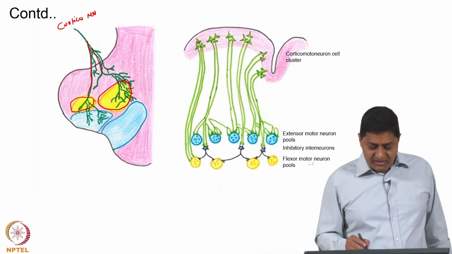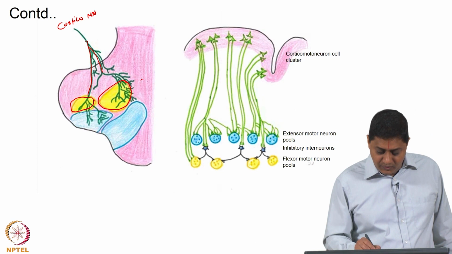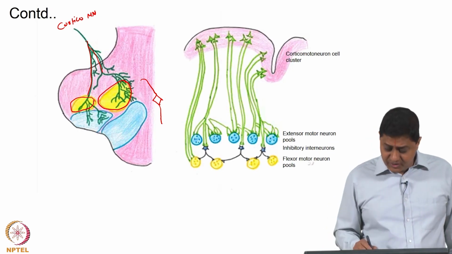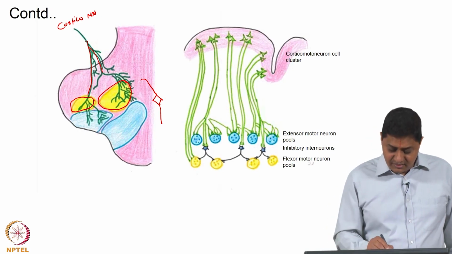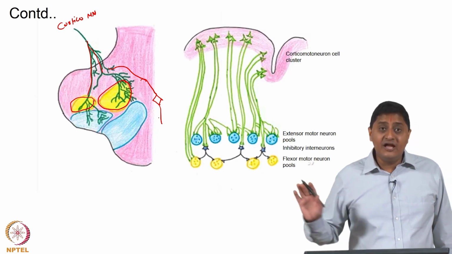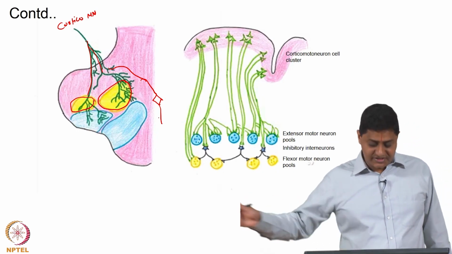What is not shown in this picture is that through inhibitory interneurons, for example through GABAergic neurons, these corticomotor neurons also inhibit the antagonists.